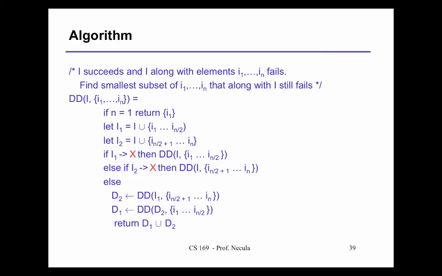The first argument should be I union D2. Which one? I union D2. This one. What do you say? I was thinking you don't really know that D2 is successful, do you? It's a good one, but probably does because you know that this by itself doesn't fail, it needs I1.